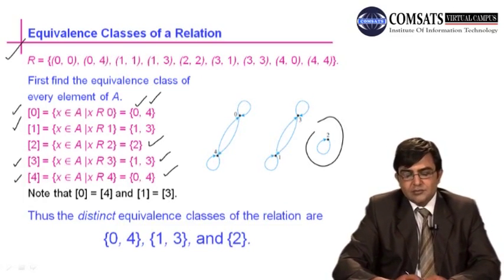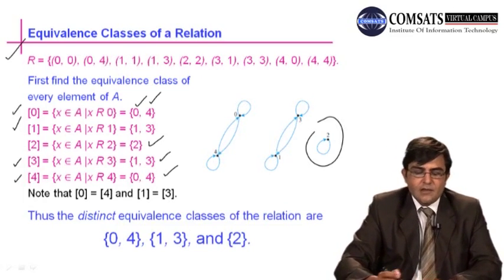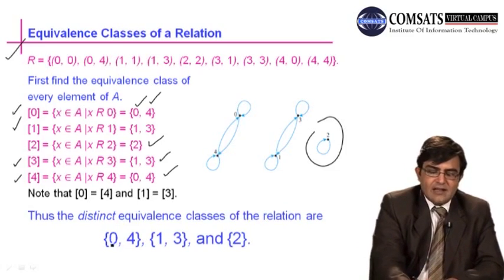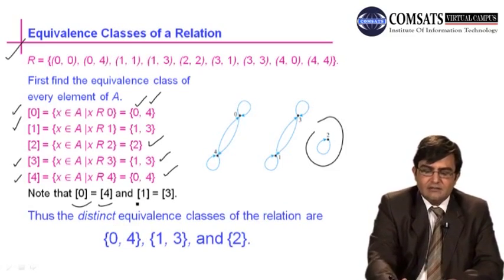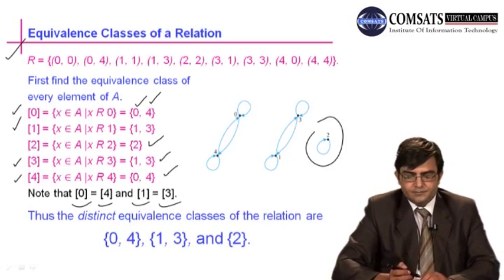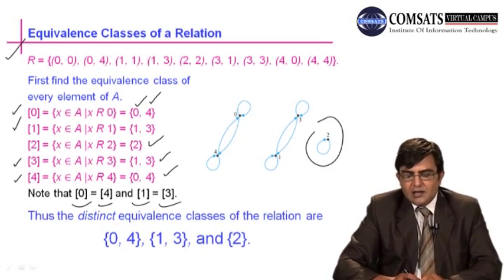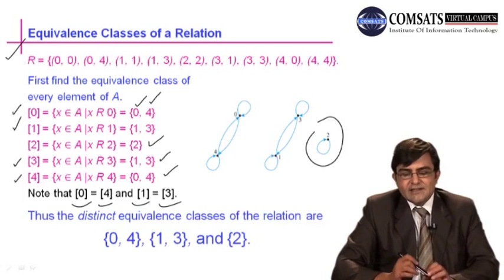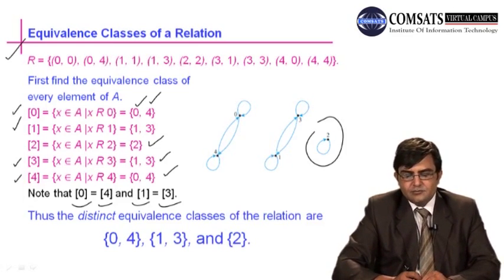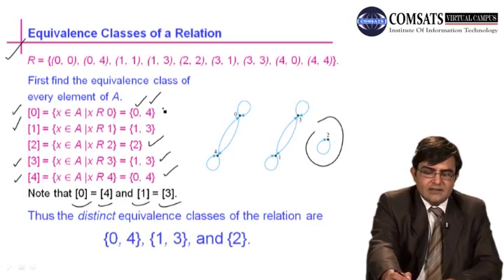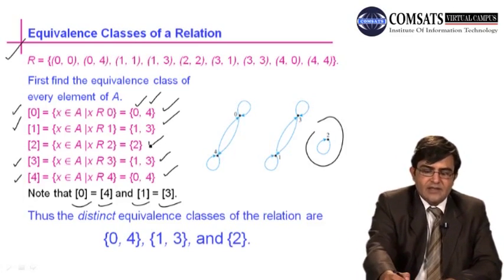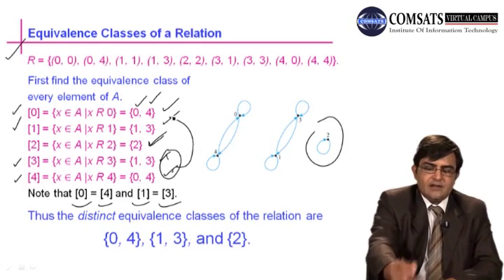Now you can notice here that the equivalence class of 0 is equal to the equivalence class of 4. The equivalence class of 1 is equal to the equivalence class of 3. So the only distinct classes we have are the first class, the second class and the third class, and the two other classes are equal to these classes defined here.